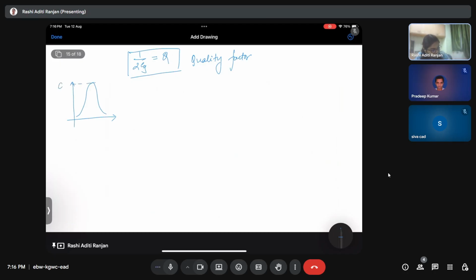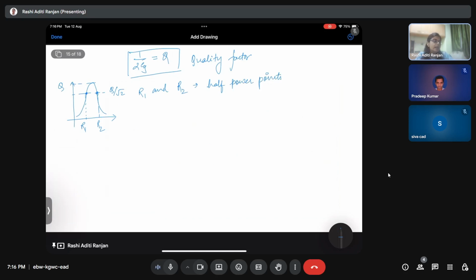With this value as Q. If I evaluate the value over here, Q by under root of 2, corresponding to that, I'm going to get two values over here, which are R1 and R2. So these R1 and R2 are known as the half power points.